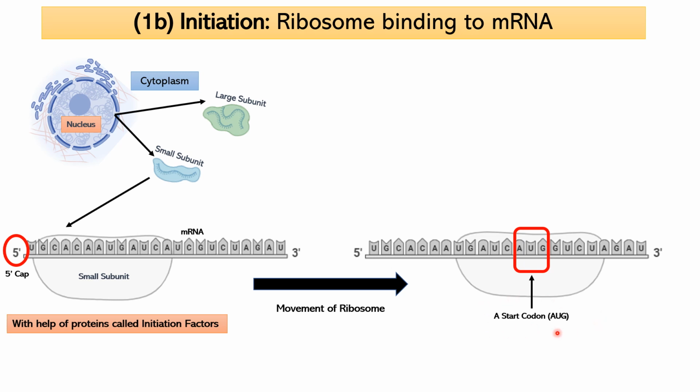So here is the function of the start codon. Its main function is that it needs to be identified by the small subunit, and once it is identified, the subunit attaches to it, and then the sequence is ready for the binding of the first charged tRNA that has the anticodon complementary to that specific sequence.